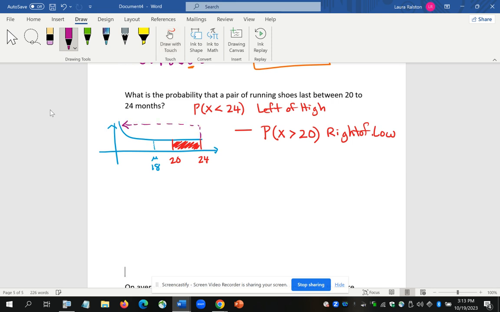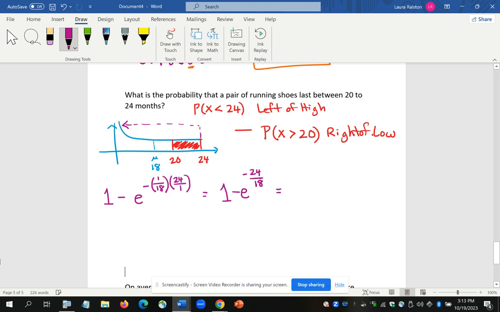my formula would be 1 minus e to the negative 1 over 18 times 24. So we have 1 minus e to the negative 24 over 18.